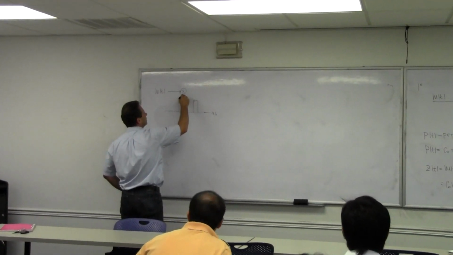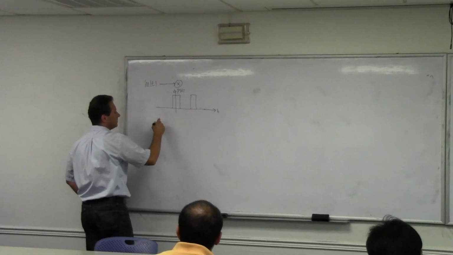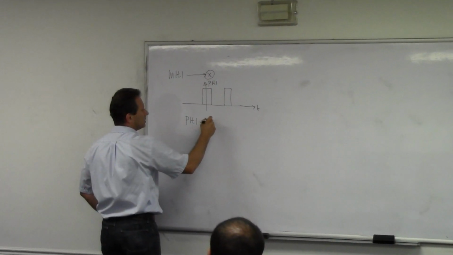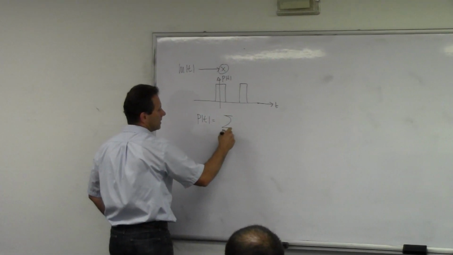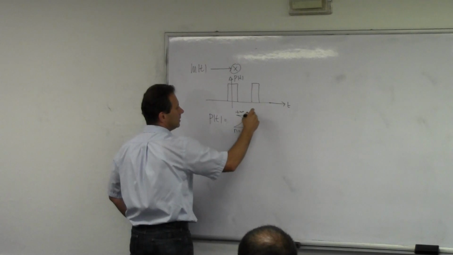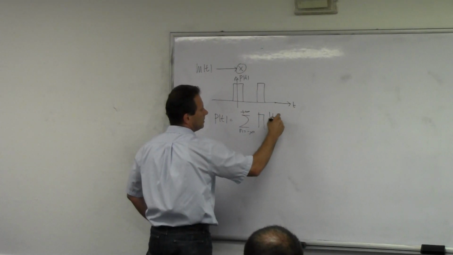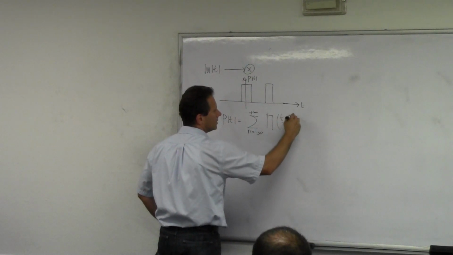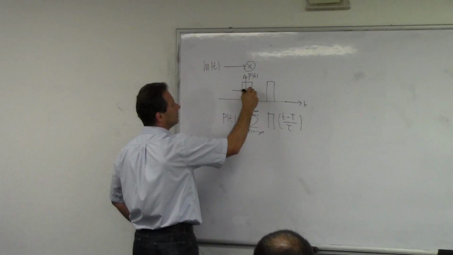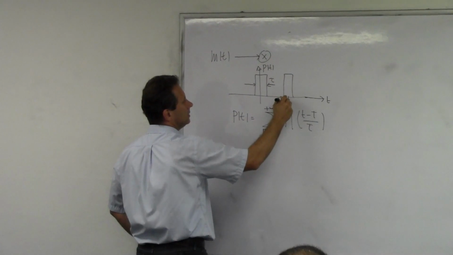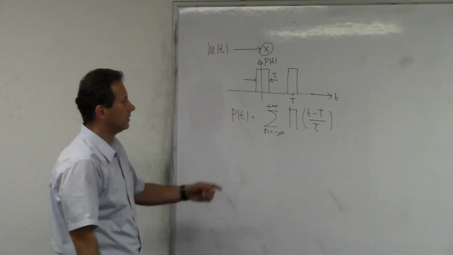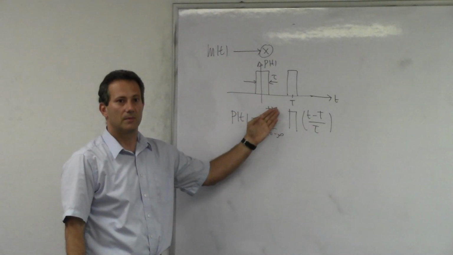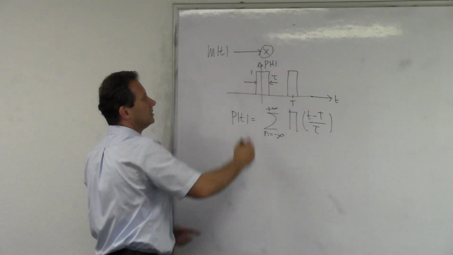This is my P of t. Now what is P of t in this case? It is the sum, when n goes from minus infinity to plus infinity, of pi of (t minus nT) over tau, where tau is the width of this pulse, and T is the periodicity at which you repeat it. Now, this is 1 and this is 0.